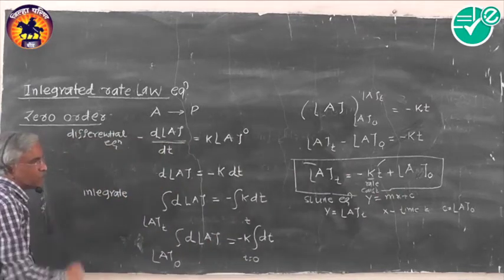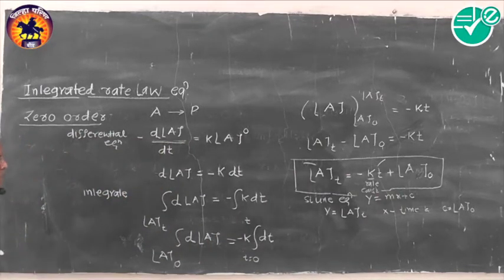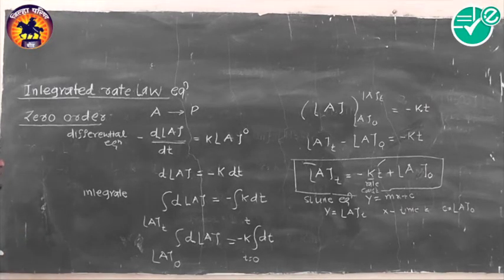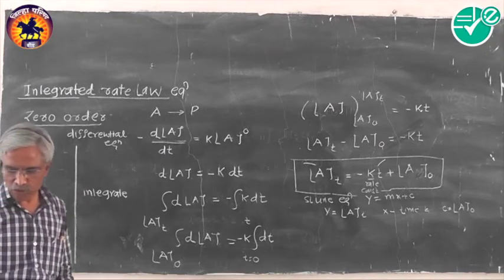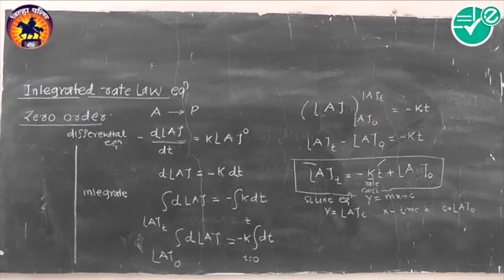Here I will go for even the graphical method for zero order reaction also, since we have a time. Here we will write, for zeroth order reaction we can also have a graphical method.